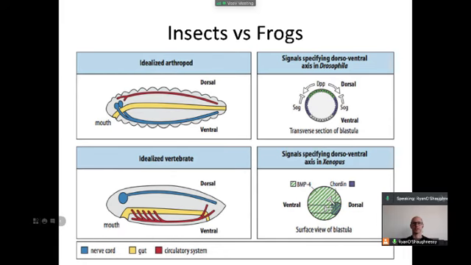This causes high levels of decapentaplegic dorsally, and therefore that is the equivalent of our idealized vertebrate that has high levels of BMP4 ventrally, and in the organizer we get expression of chordin that inhibits BMP4. So in this case we get a dorsal CNS and a ventral circulatory system. Just to show you that these things get flipped in the vertebrate compared to the arthropod.